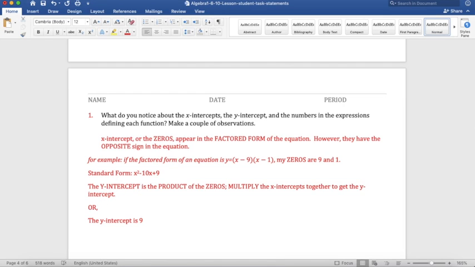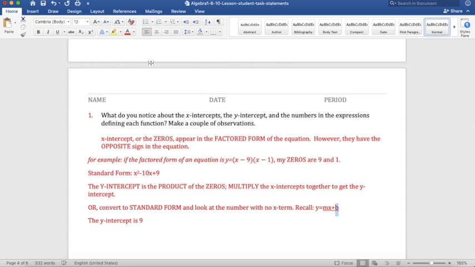Or you can convert to standard form and look at the number with no x term. So that's what we've been doing in the past. Like remember y equals mx plus b for slope-intercept form.